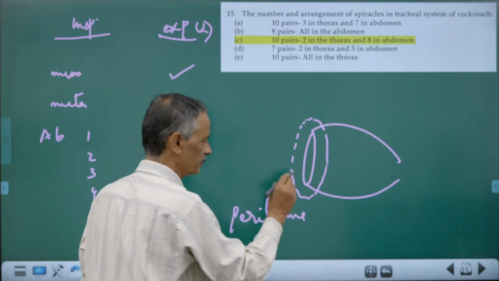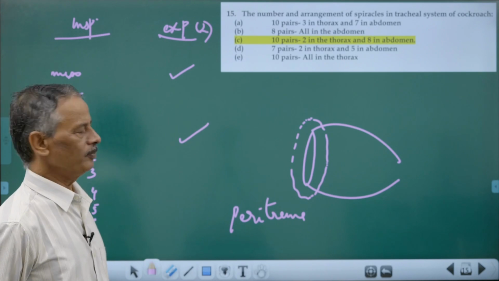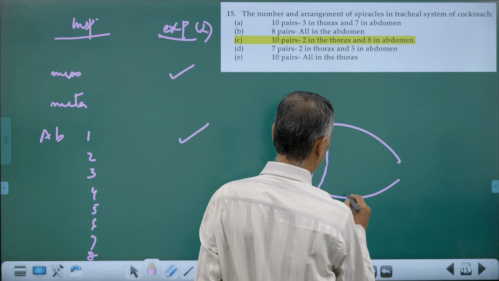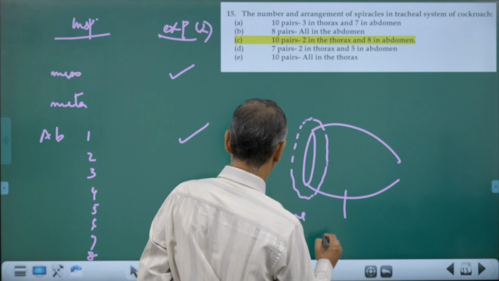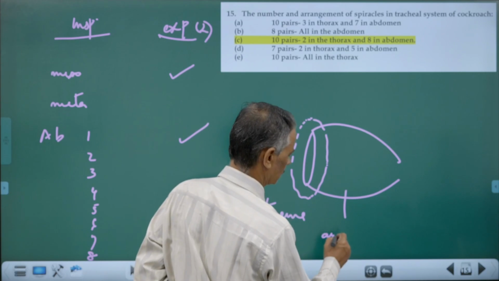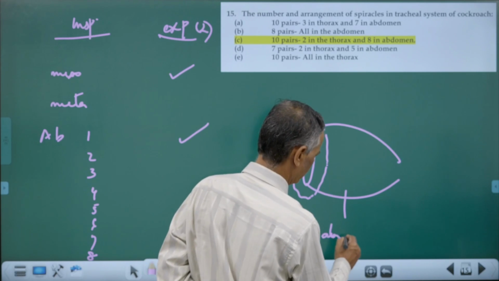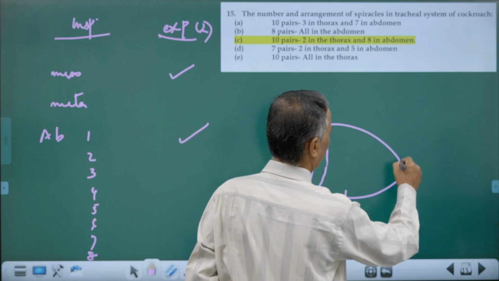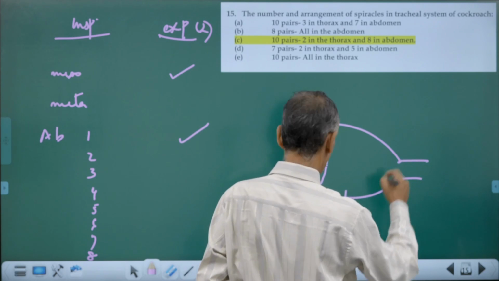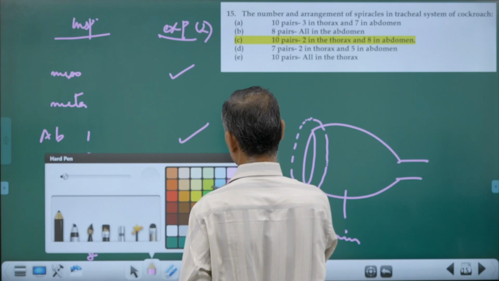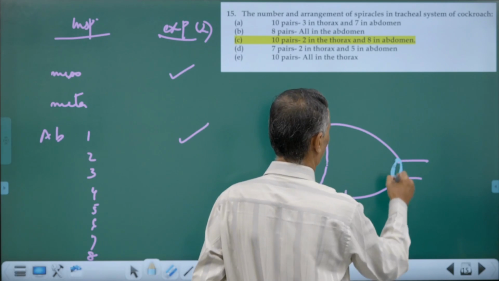That was a question. Peritreme. It opens to a chamber called the antrum or atrium. And at the base of that atrium, you have a spiracle, the sphincter, a pair of sphincters.